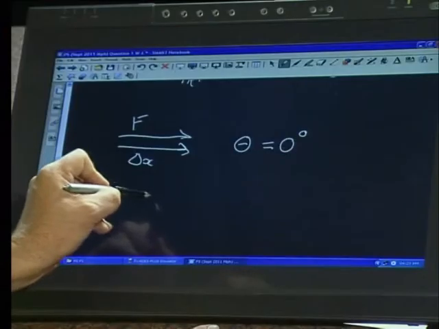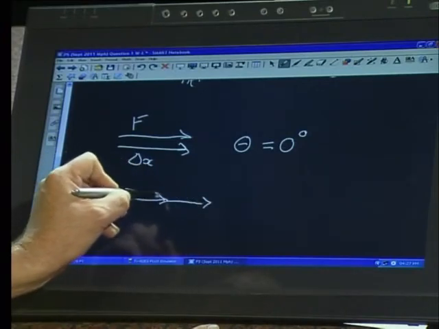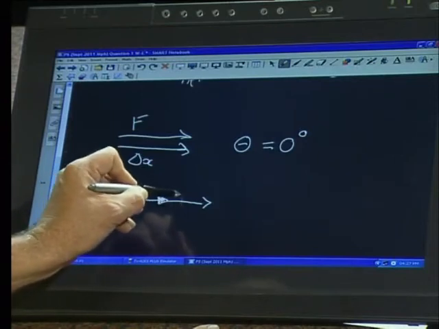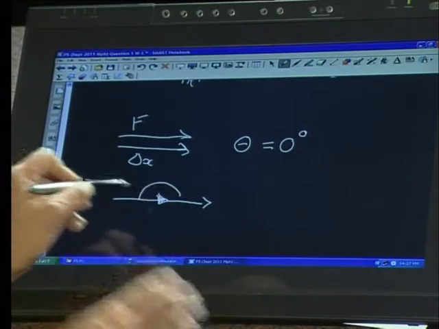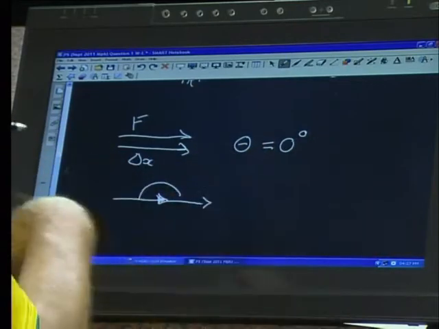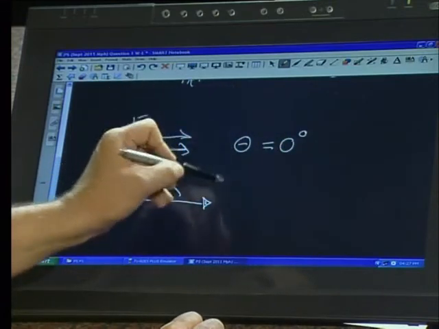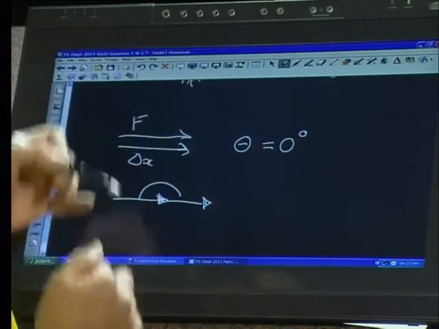If you want to, put them head to tail, like I showed just now. That's the head of the one, that's the tail of the other, and you can see they're in the same direction. They're not pointing in opposite directions. Theta is 0. They're parallel to each other.